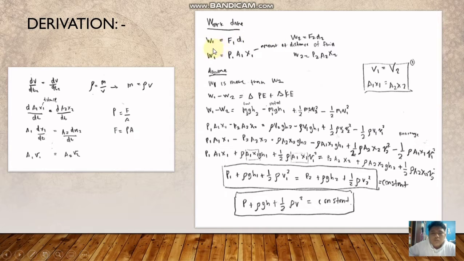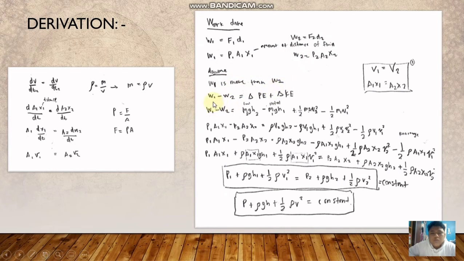So work 1 is equal to F1 d1, which is force and distance. Work 1 is equal to P times area, which is the formula of force, and d is the distance x, the amount of distance of the fluid. Same goes for work 2. So we assume that work 1 is more than work 2.